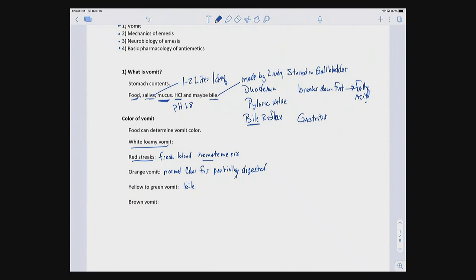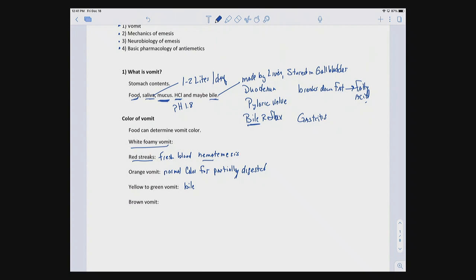But one of the things, and again, we'll address this in more detail in a minute, is bowel obstruction. So if you have some type of obstruction in the small bowel that is not allowing food contents to go through its normal track, then what you're going to have is reflux from the duodenum back into the stomach through the pyloric valve.